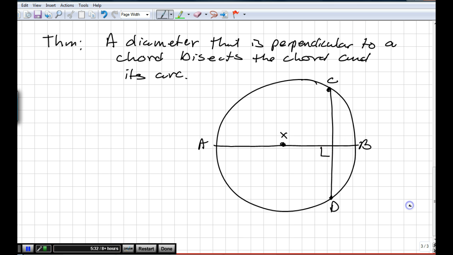Then the theorem says that this point, we'll call it point M, is the midpoint of CD, and therefore this segment is congruent to this segment.